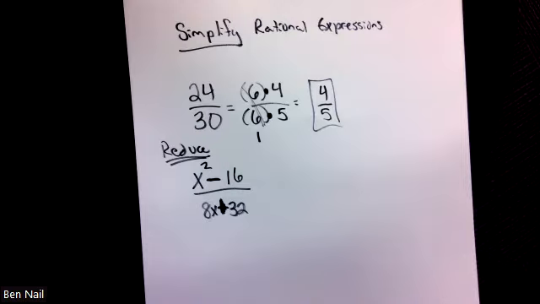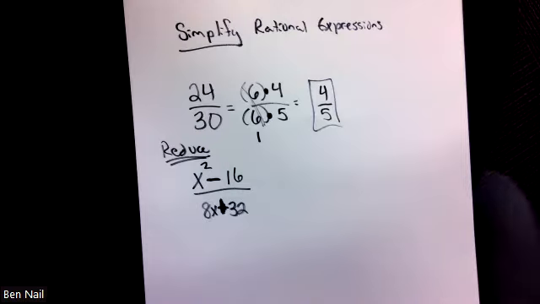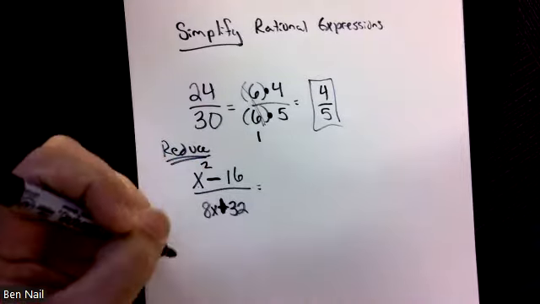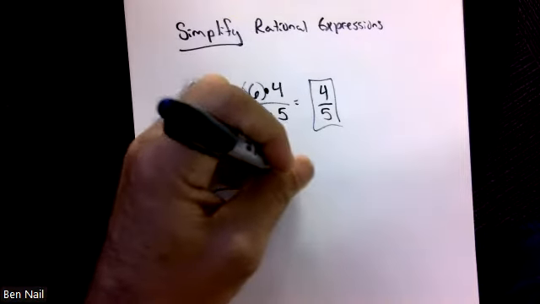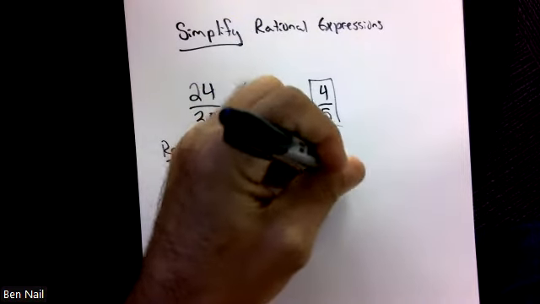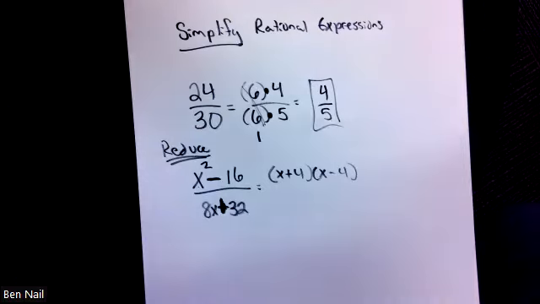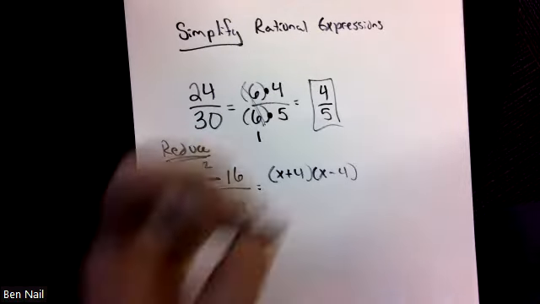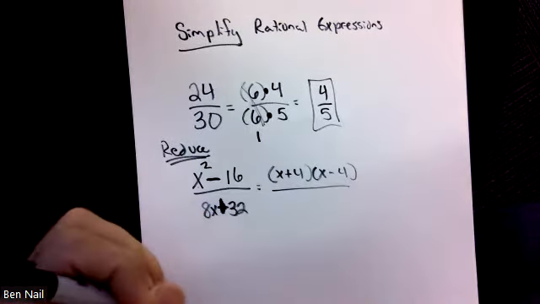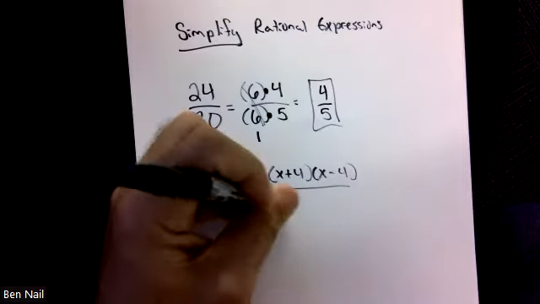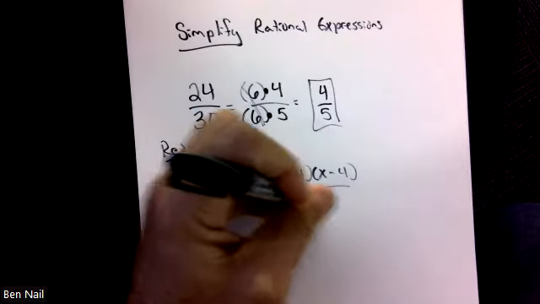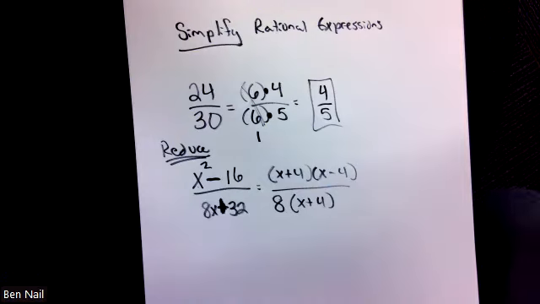So I'm going to rip through the factoring part kind of quick because we spent a whole chapter, the last few weeks, covering that same kind of thing. So this x squared minus 16 factors into x plus 4 and x minus 4. That 8x plus 32, we can factor out an 8, which leaves me with x plus 4.